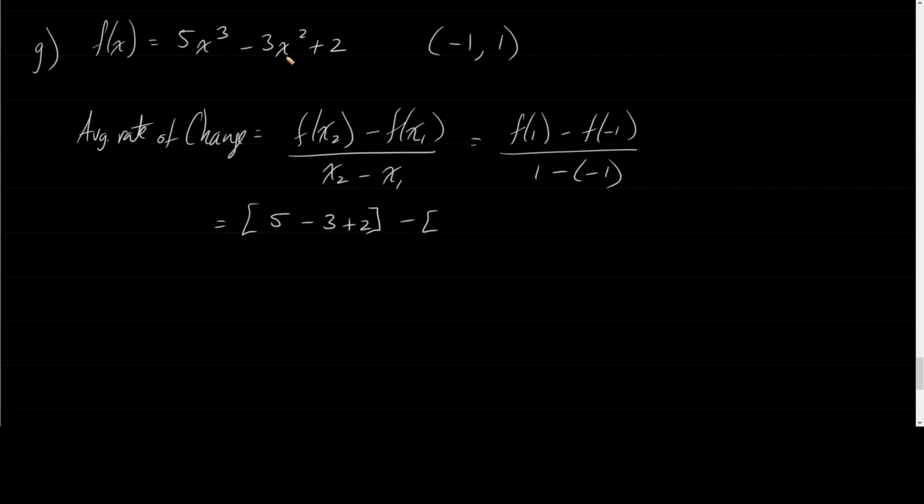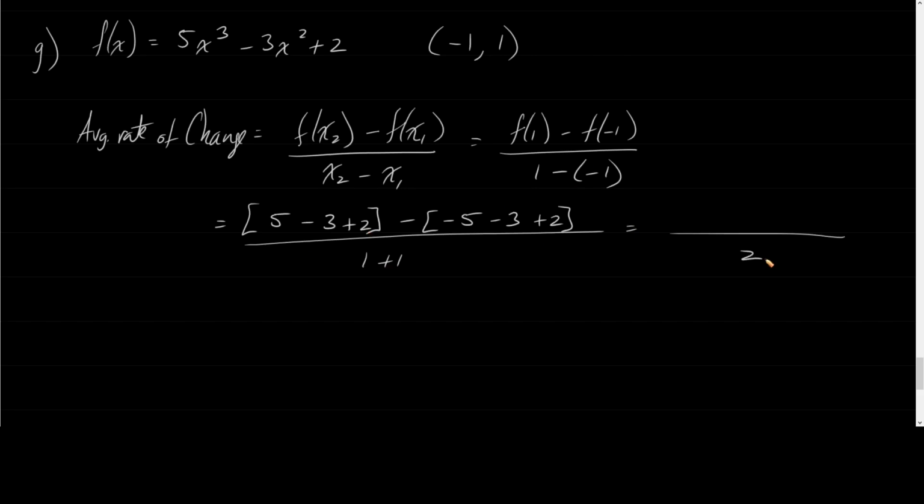Negative 1 squared is going to be positive 1. So negative 1 times 5 is negative 5. Positive 1 times negative 3 is negative 3. And then we have this plus 2. All of this over 1 minus negative 1. 1 minus negative 1, that's 1 plus 1, right? Which gives us on the bottom, very simply, just 2.